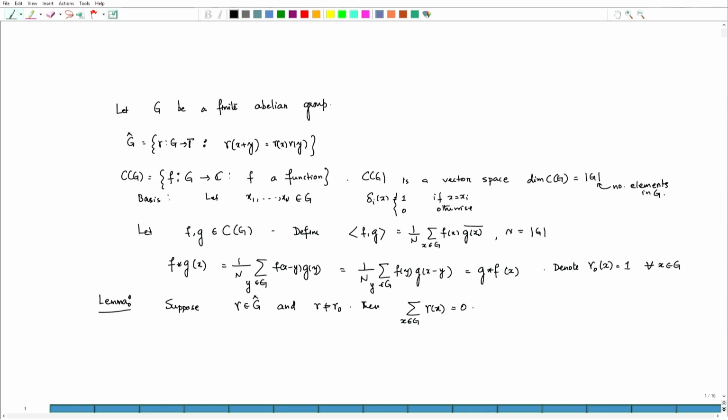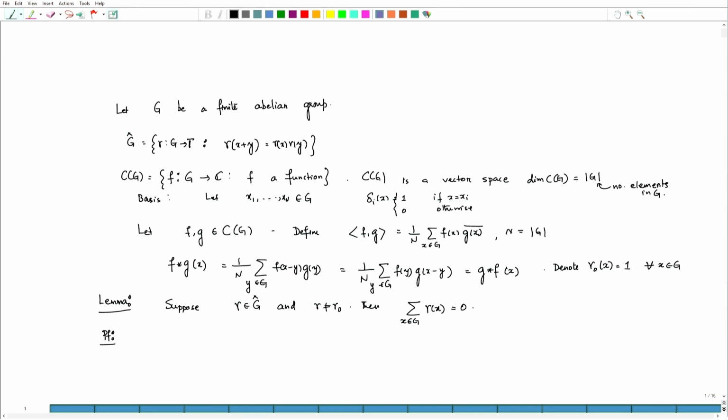There it was easy because we know exactly what the form of the characters in Z n is. If you add all the nth roots of unity, we get 0.